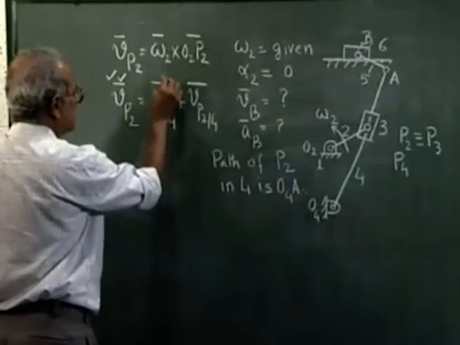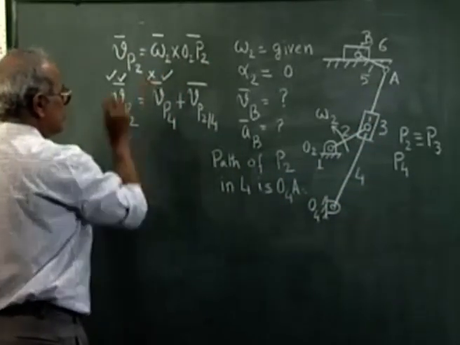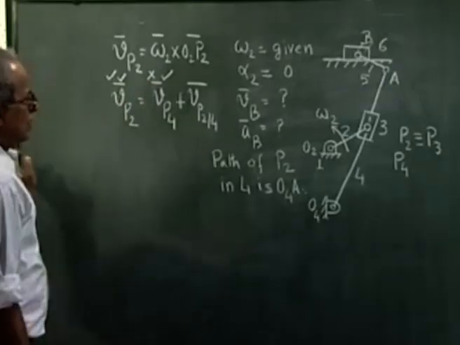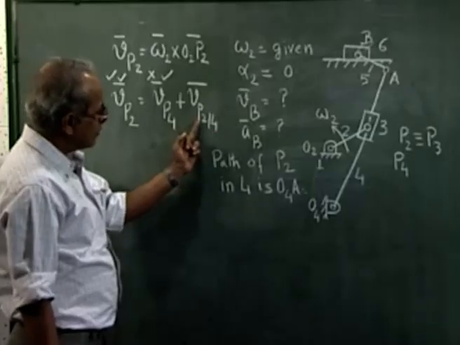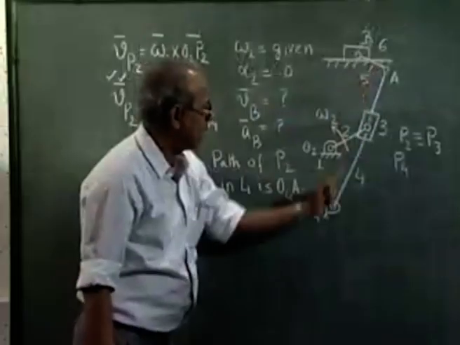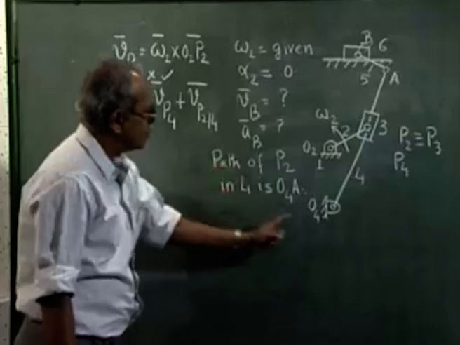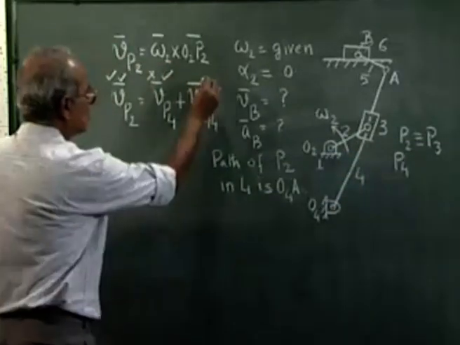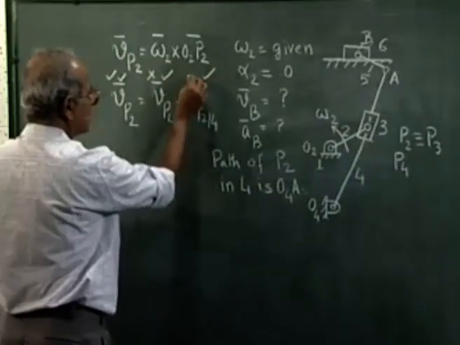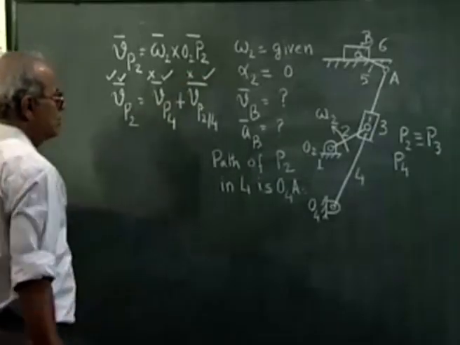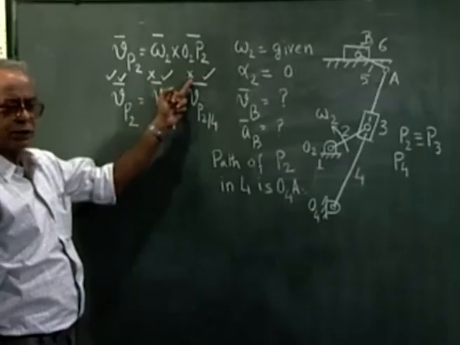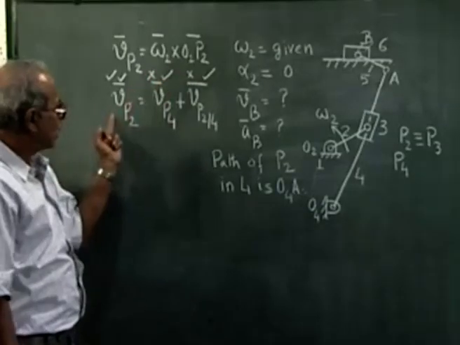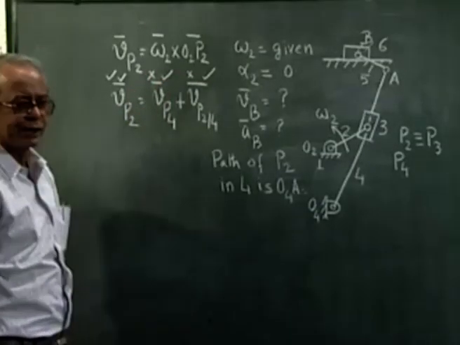So the direction is known, but the magnitude is unknown. Velocity of P2 in body 4, because the path of P2 in body 4 is along O4A, so the velocity must be along that direction O4A. So here also I know the direction but not the magnitude. As we see in this vector equation, there are only two unknowns denoted by these two crosses, so I can represent it by a velocity diagram.